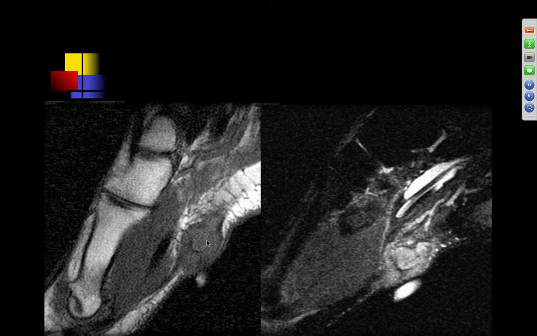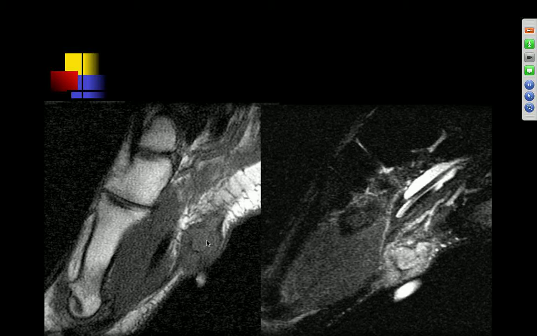From what we know historically, if you don't do a wide resection, these tend to come back, but it's unclear whether it's because it's a neoplasm or whether you have the same process occurring which produces hypertrophic scar. And it may be both.